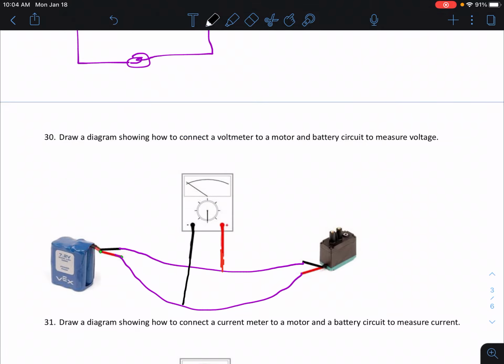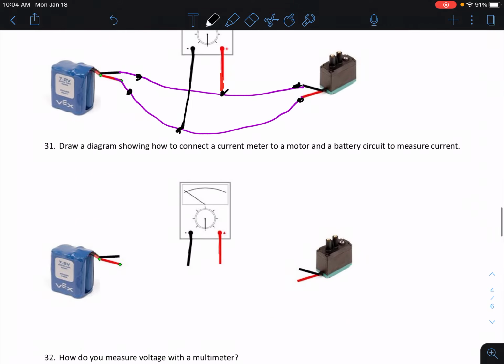This would go to this one right here, and it could be anywhere along there. You could be measuring here and here rather than here and here. You just have to be measuring on the two different wires.